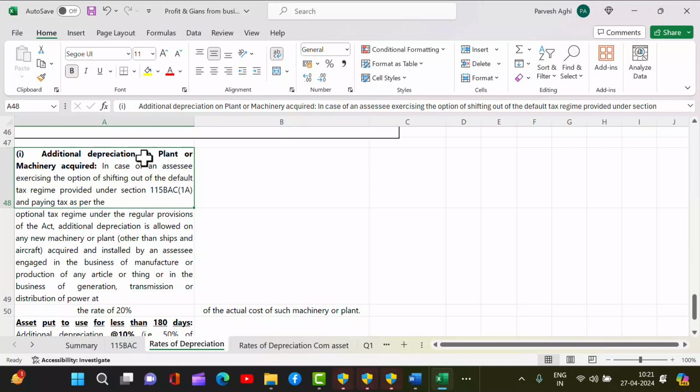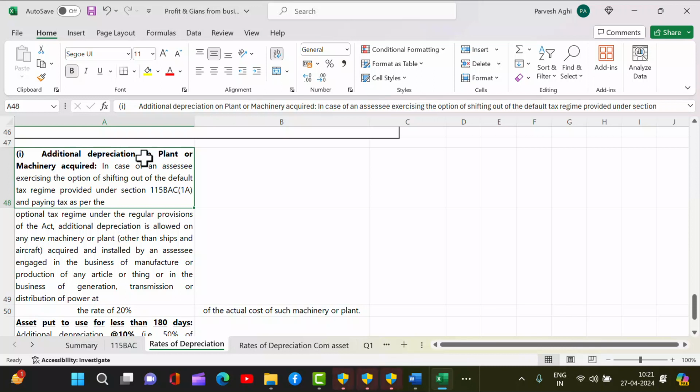Now, there is something called additional depreciation. Additional depreciation is only applicable if you have opted out of the default tax regime. The government wants that if you are using the normal tax regime to pay taxes, then you are allowed some more deductions. But if you are using the default scheme, the number of deductions goes down.